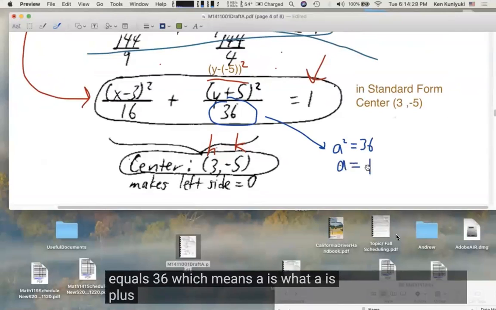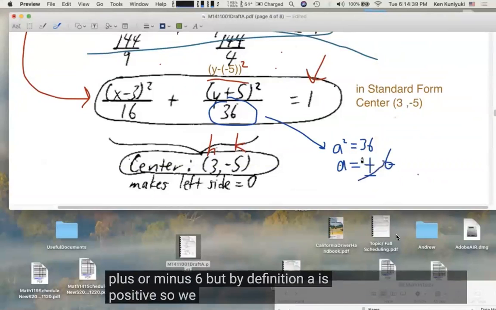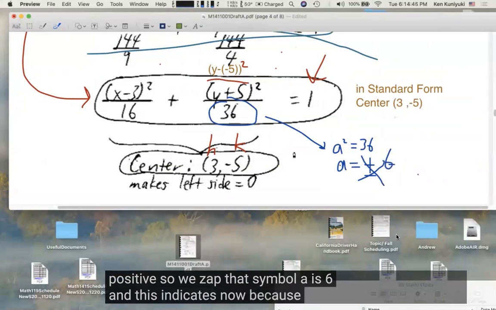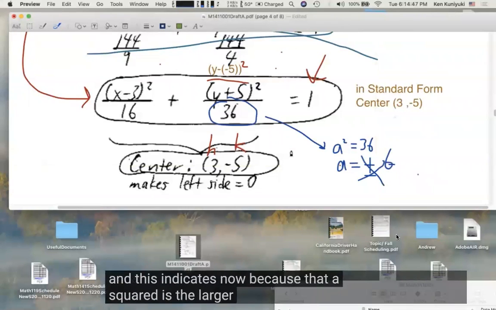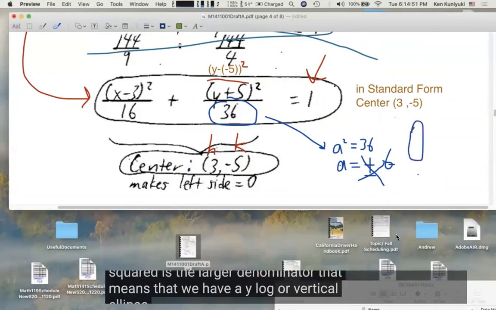A is plus or minus 6, but by definition, a is positive, so we zap that symbol. A is 6. And this indicates, now because that a squared is the larger denominator, that we have a y-long or vertical ellipse.